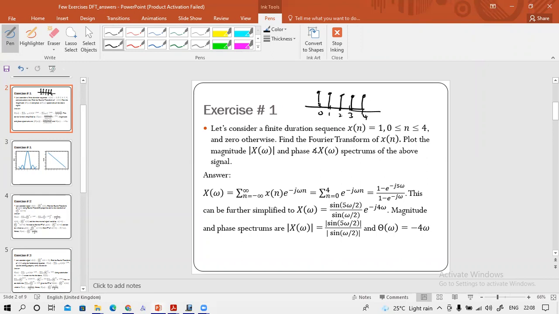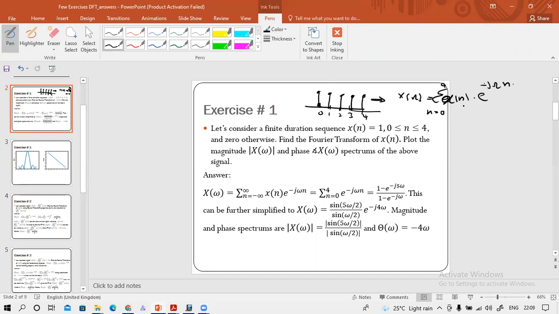You have to find the Fourier transform of this signal, so you can use that identity: X(omega) is equal to the sum of x[n] e to the power minus j omega n.